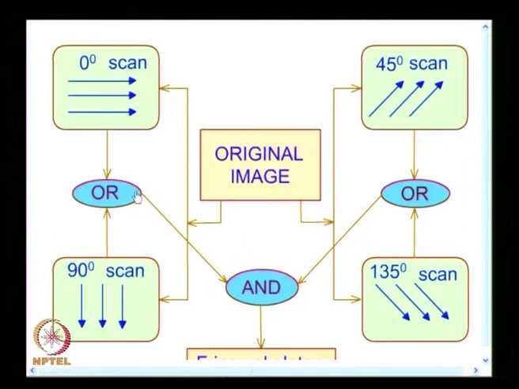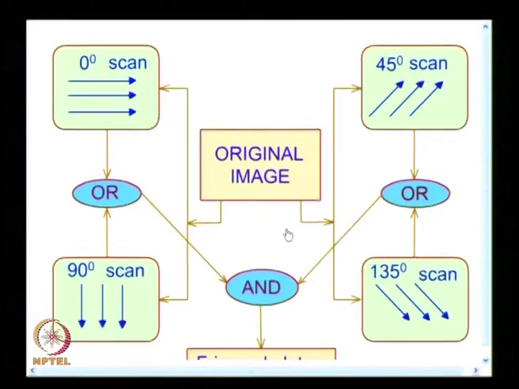So, 2 OR operations and 1 AND operation provide you fringe skeleton free of noise. This is only a statement. This statement has to be verified from actual processing of the fringes, that we will see.